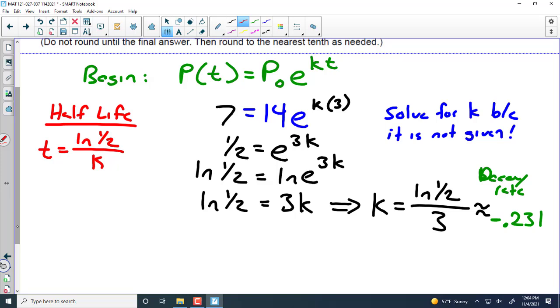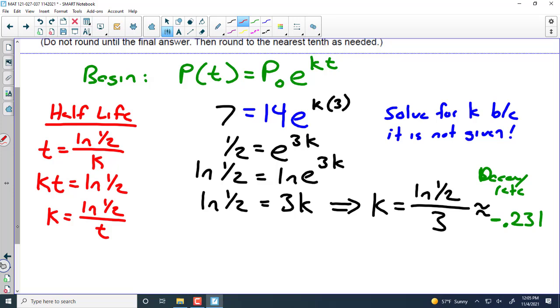If you multiply both sides of this by K, you get KT equals ln of 1/2. Then if you divide both sides by T, you get K equals ln 1/2 over T. So it's not a coincidence that it looks like that. It's very closely related to a half-life. It's just that instead of knowing the K and finding the time, we know the time and we're finding the K.